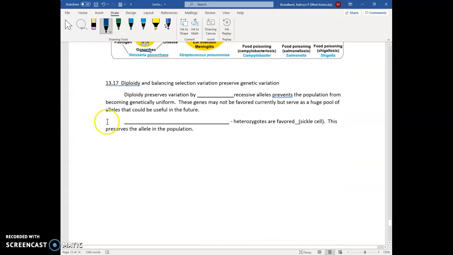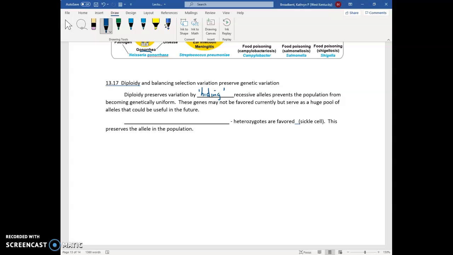Diploidy and balancing selection will preserve genetic variation. Because we're diploid, as most animals and plants are, we preserve variation by hiding recessive genes. Recessive alleles are hidden and they prevent the population from becoming uniform.